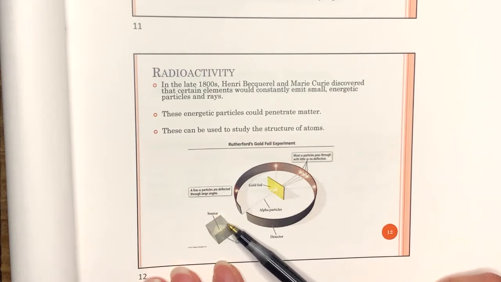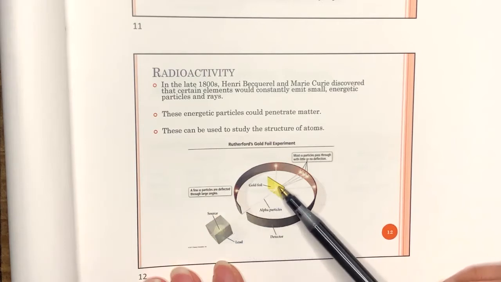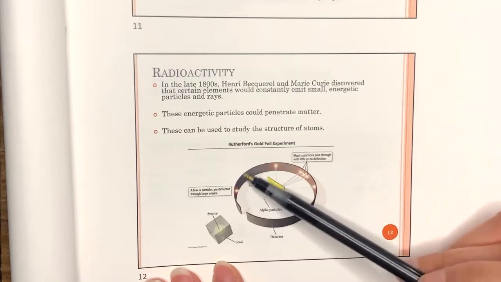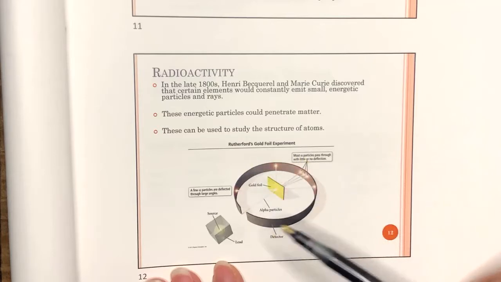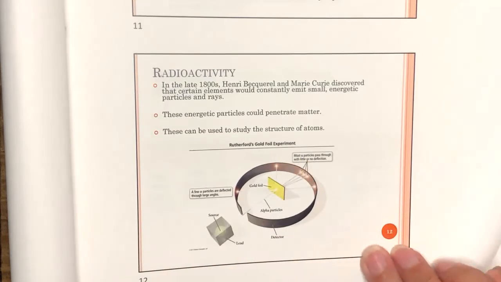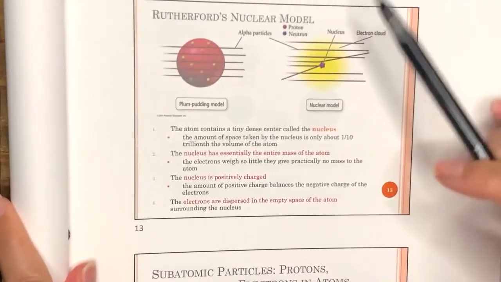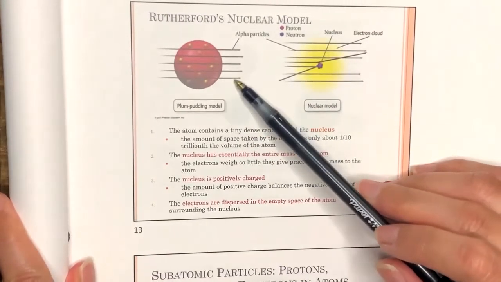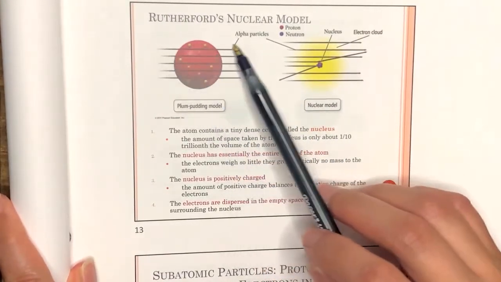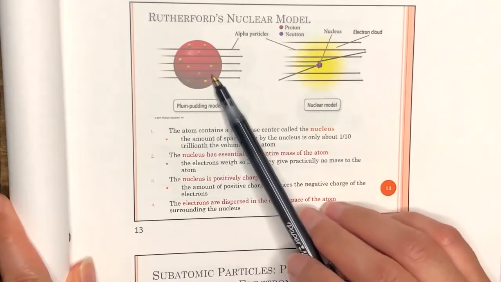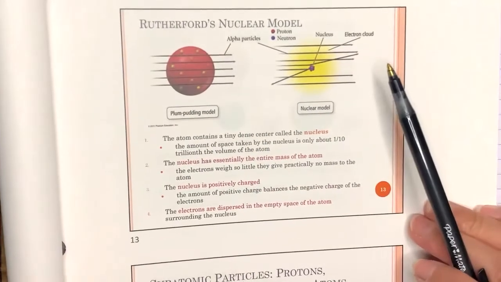Alpha particles are positively charged, and they made them hit the gold foil, with detectors all around to see what the patterns would be. What he was prepared to see looked completely different from what he saw. This was their hypothesis: if the plum pudding model was correct, alpha particles would just pass straight through.